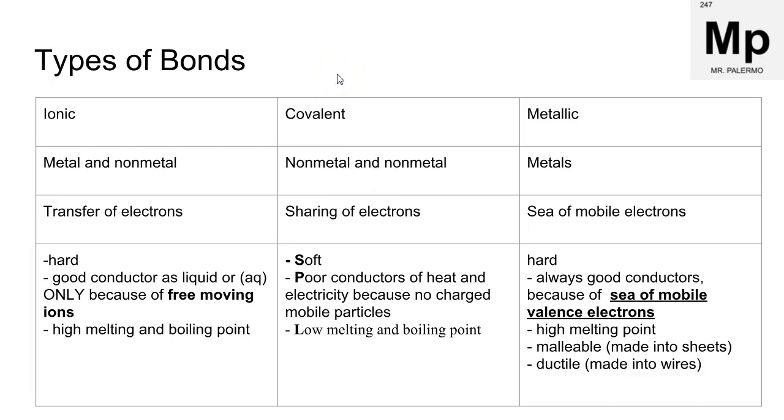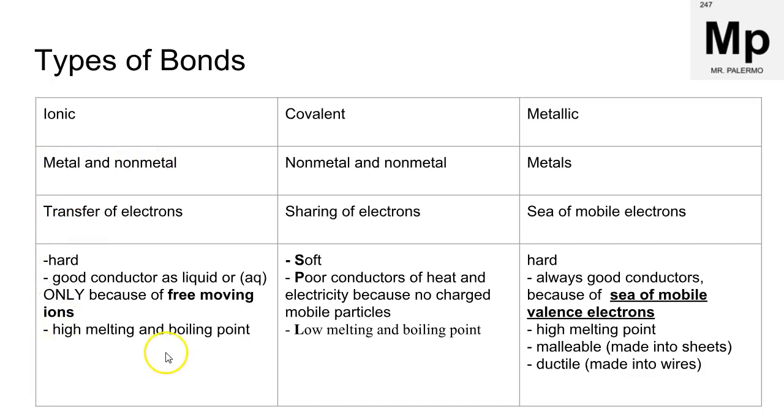The three classifications of bonds that we have: the first one is the ionic, occurring between ions, and that occurs between a metal and a nonmetal. The metal has a low electronegativity, so it has a low attraction for electrons. The nonmetal has a high attraction, and so the nonmetal takes the metal's valence electrons to get a full valence shell. So there's a transfer of electrons from the metal to the nonmetal.